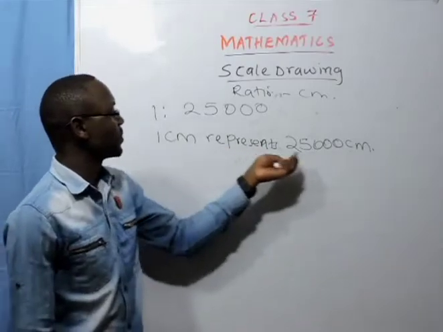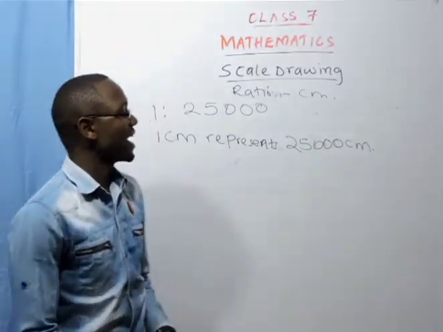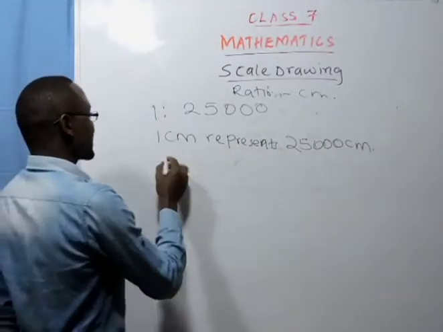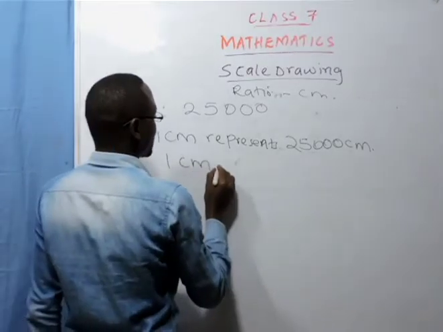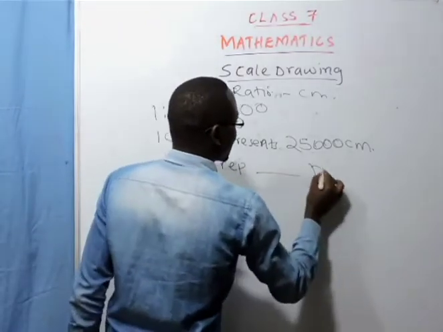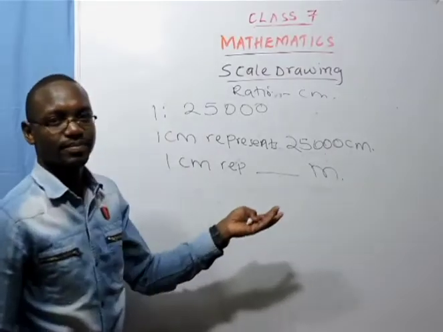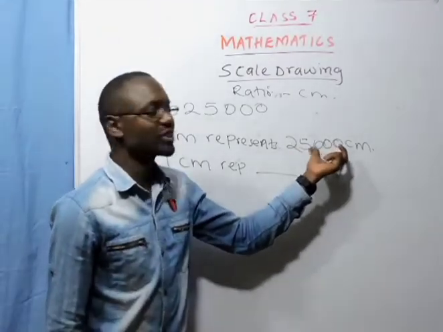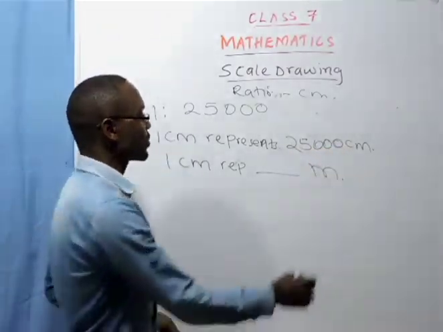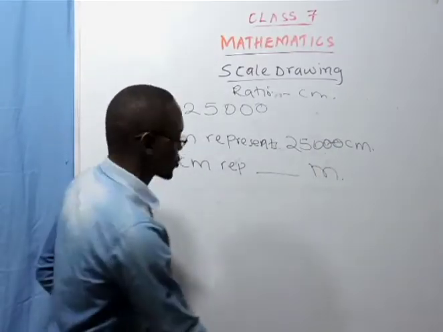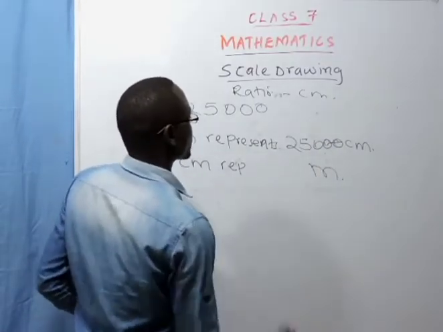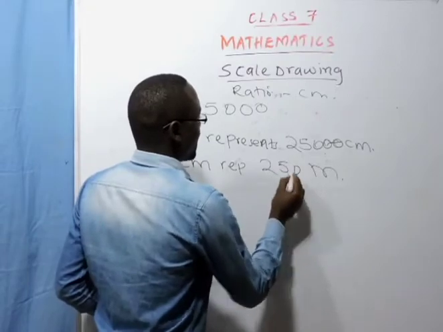So 1 centimeter represents 25,000 centimeters. This scale can be written as 1 centimeter represents dash meters. How many meters are these? Convert 25,000 centimeters to meters. We divide by 100. So it will be 1 centimeter represents 250 meters.